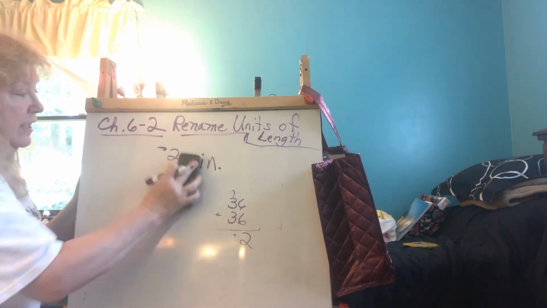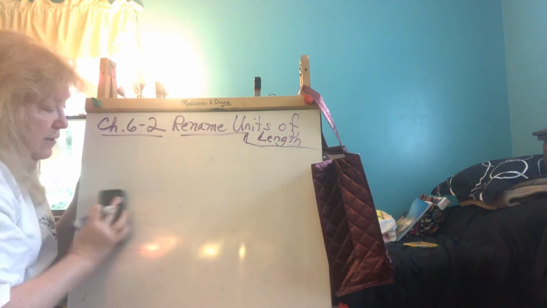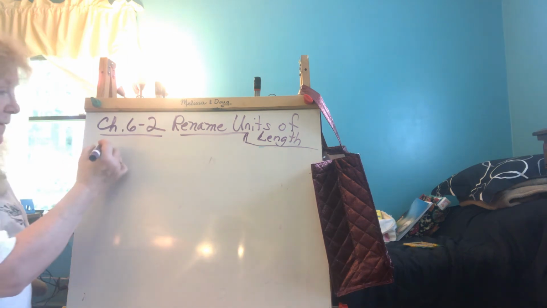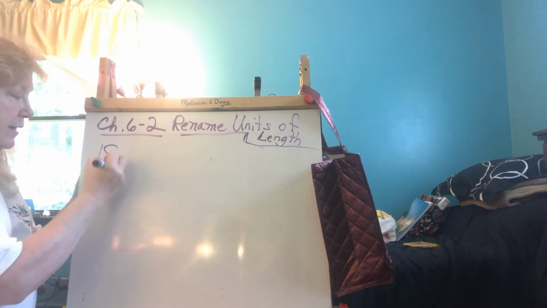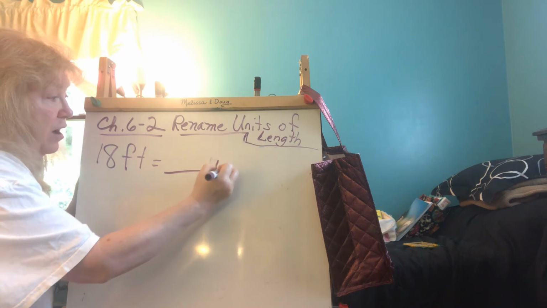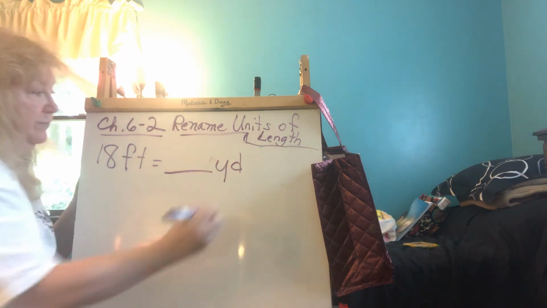What if you were given, copy this one down in your book, what if you were given 18 feet and you were asked to turn it into some number of yards?